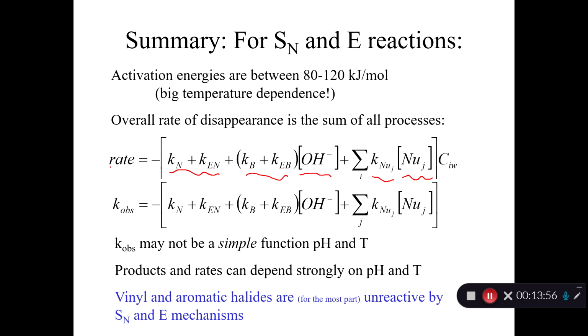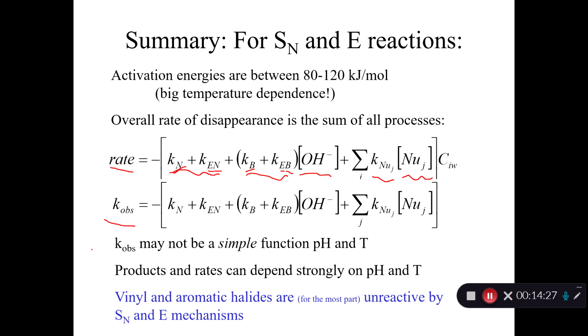So the rate law would depend on all of these things: the pH, the rate constants of the neutral and the base catalyzed reactions, for straight up substitution, or for elimination. That's what the EN is, nucleophilic elimination, elimination base catalyzed. And so the observed rate constant could be a very complicated function of all of these things, which is why it's kind of difficult sometimes to just write a rate law.